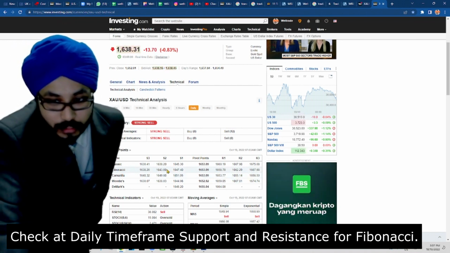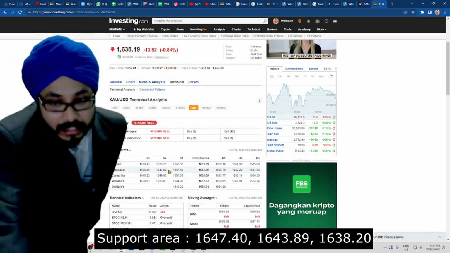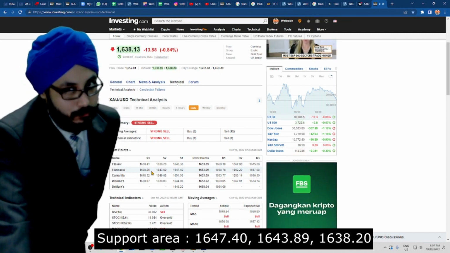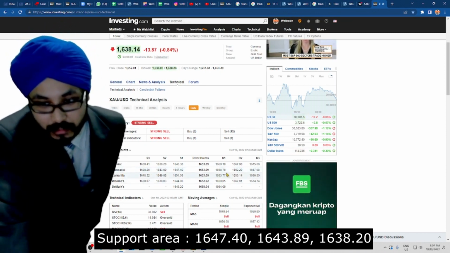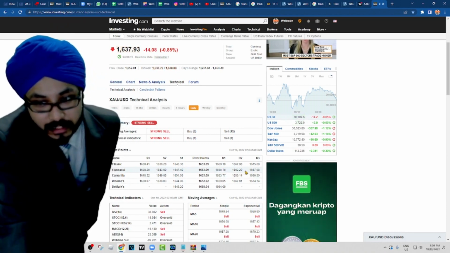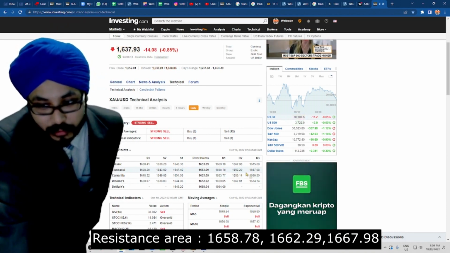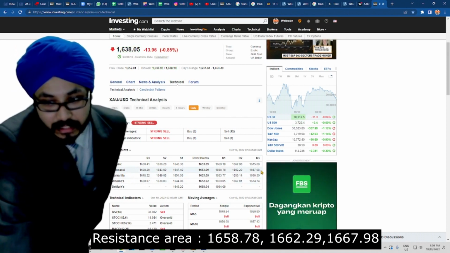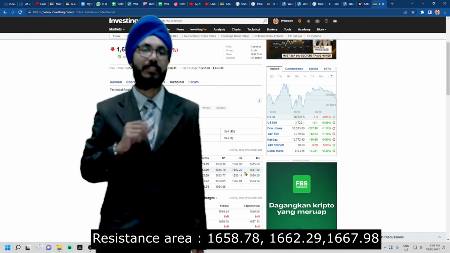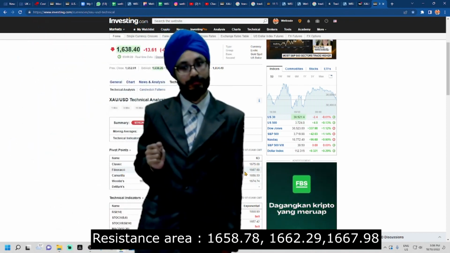For support 2, we have 1643.89. And for support 3, we have 1638.20. And for resistance, we have 1658.78. For resistance 2, we have 1662.29 and 1667.98. These are the support points and these are the resistance points that we are looking at.